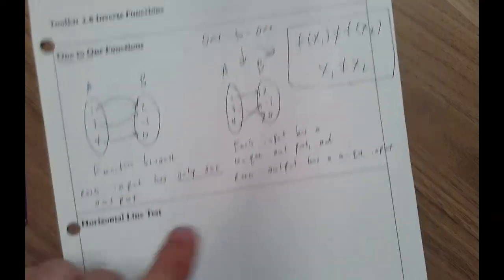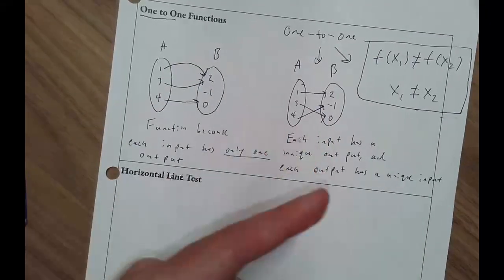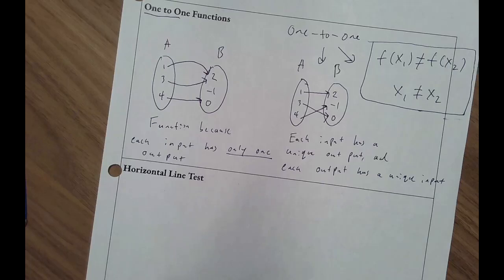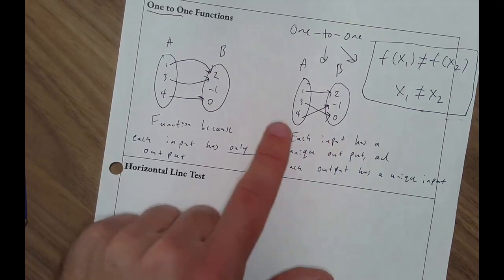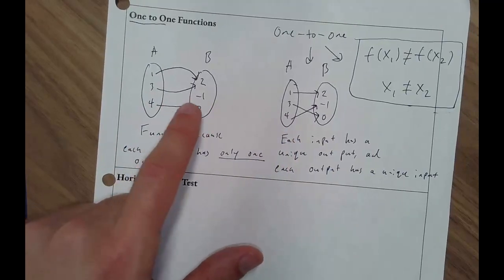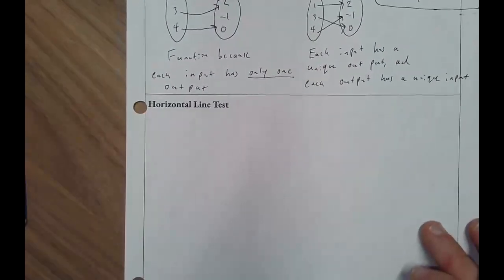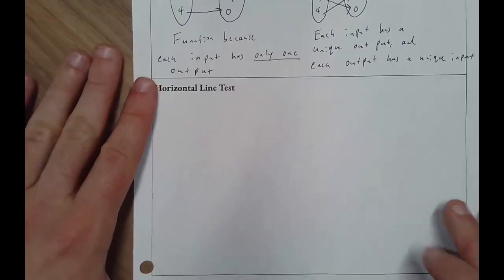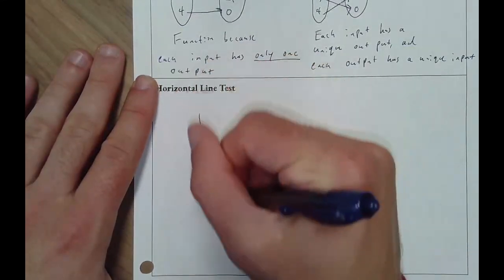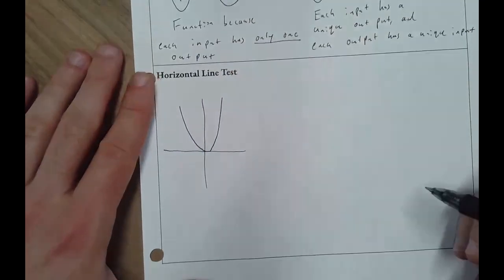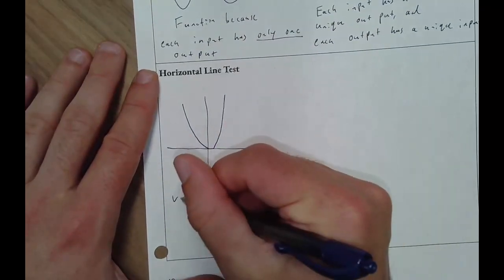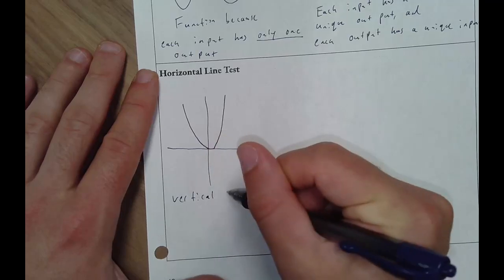Well, one way we can test is if you're given the elements, then you can see, oh, okay, are two inputs going to the same output? That's one way you can test. The other way you can test is called the horizontal line test. Now, we've seen the vertical line test before. Let's review that for a second. Let's say we have a parabola, and we're looking at the vertical line test.